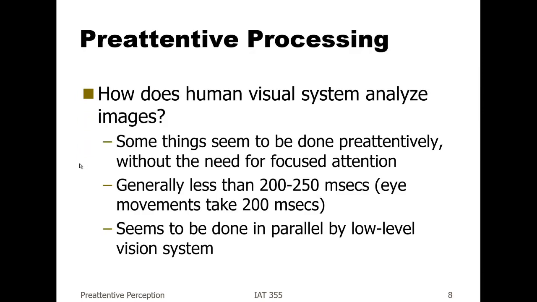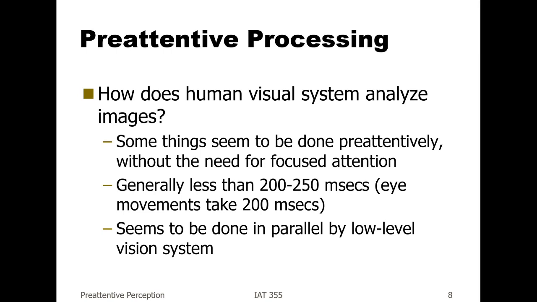Okay, now that we've talked a little bit about this very simple model, let's talk about how stage 1 capabilities can be used in visualization. So the question there is, how does the visual system analyze images? Some things seem to be done perfectly capably by stage 1 actions. That is to say, they can be done very rapidly, within 200 to 250 milliseconds, and before you need to actually pay conscious attention to them.